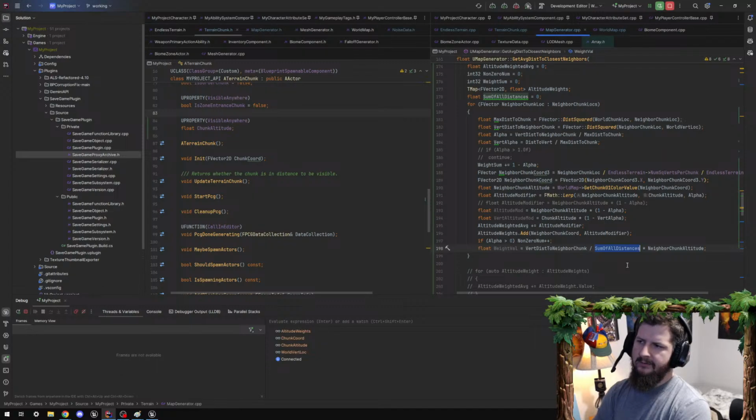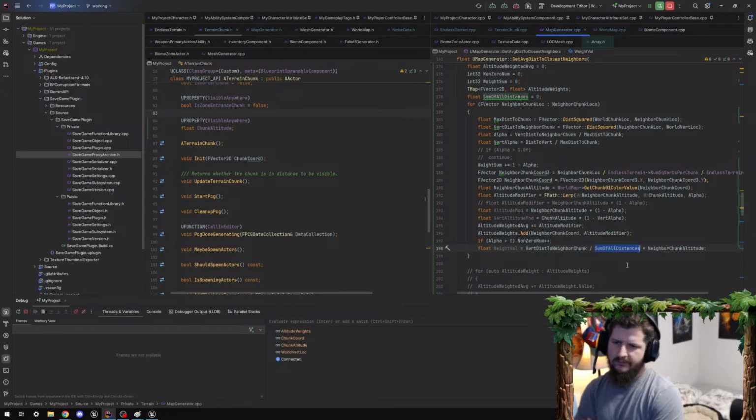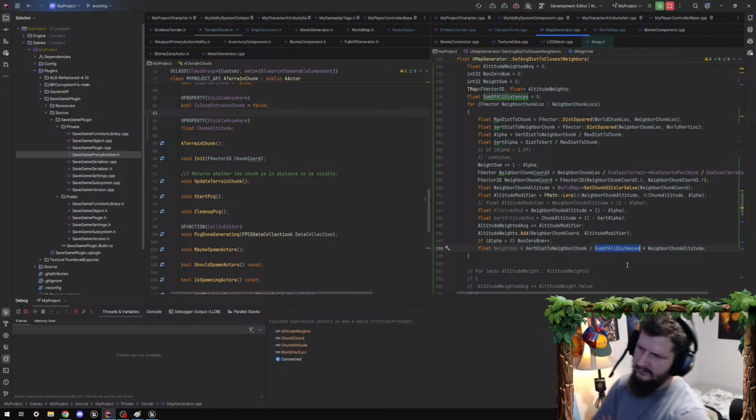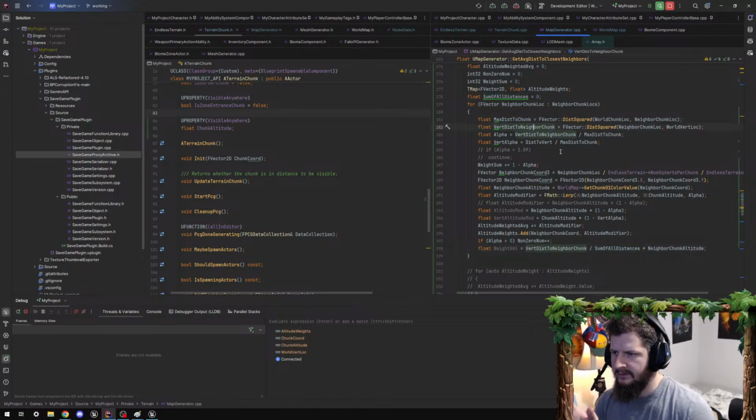Because I could just add up the... I think you're probably talking about the alpha here. Or better, it is to use 1 divided by distance. Does that do the same thing? Okay. And so, when you said sum of all distances, do you literally just mean the sum of, like this, vert distance to neighbor chunk?